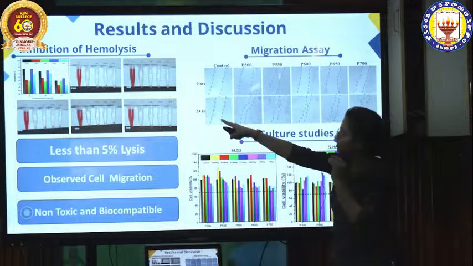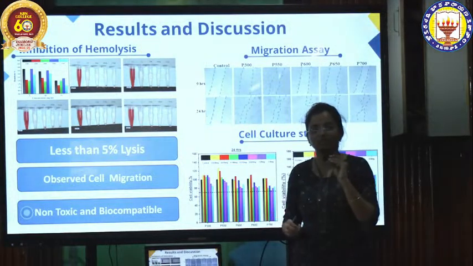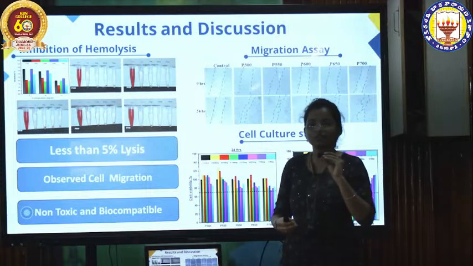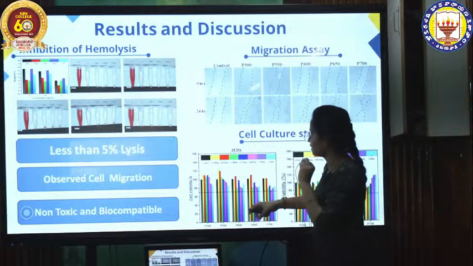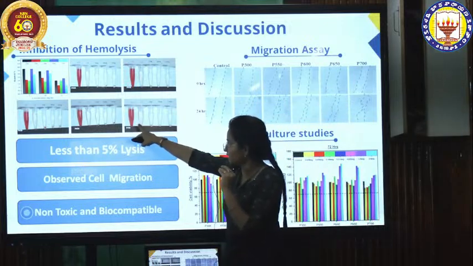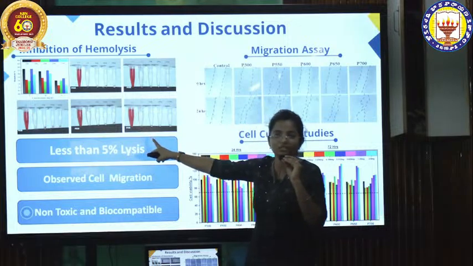This is the inhibition of hemolysis. Lysis itself states to what extent the sample is toxic. This is our red blood cells, and this is our negative control, which is the PBS solution.